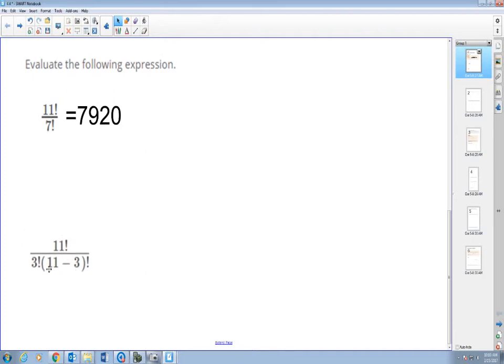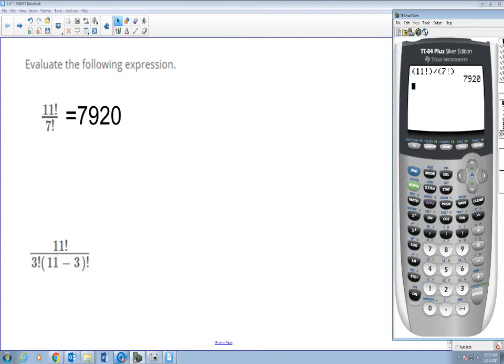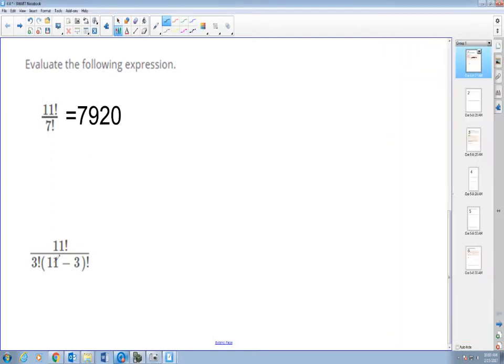This one is a little more challenging because I have 11 factorial on top. I'm going to use second entry and just copy my 11 factorial. But down here in the bottom, I want the calculator to subtract 11 minus 3 first, then do the factorials of the 3 factorial and the 8 factorial. So in the calculator, I need to put a separate set of parentheses. The outside one is for the entire denominator.